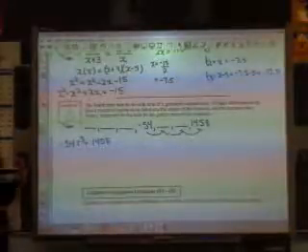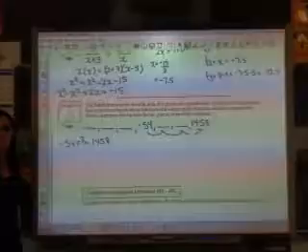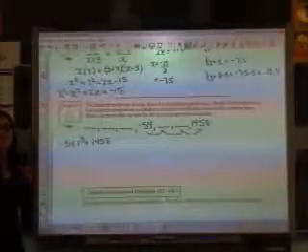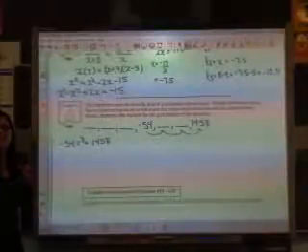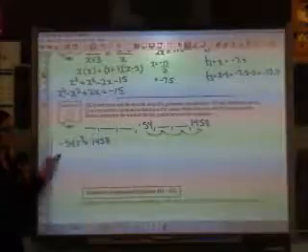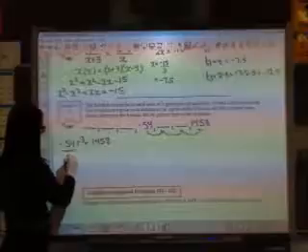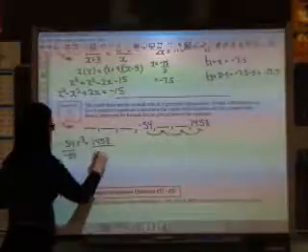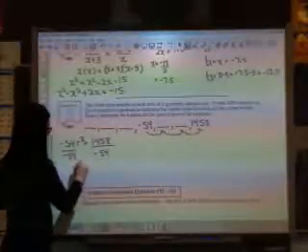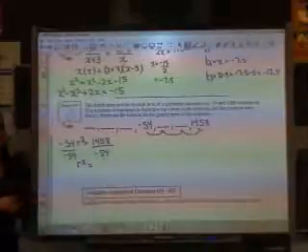How do I solve this equation? Divide by negative 54. So r cubed equals what?